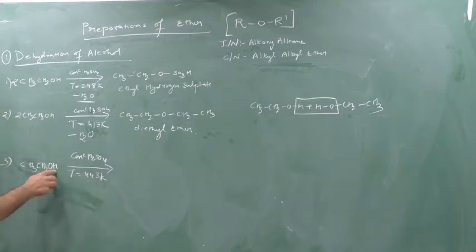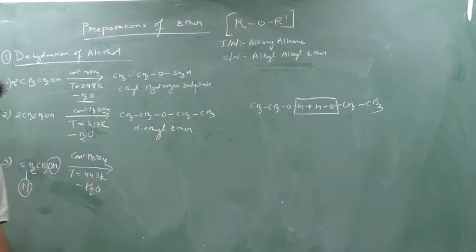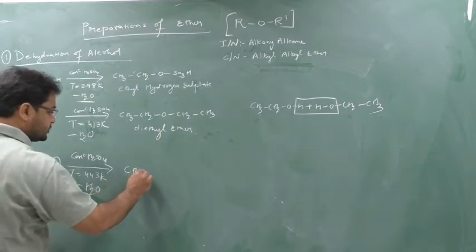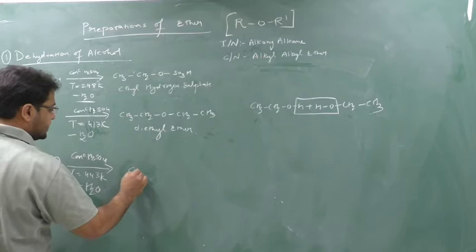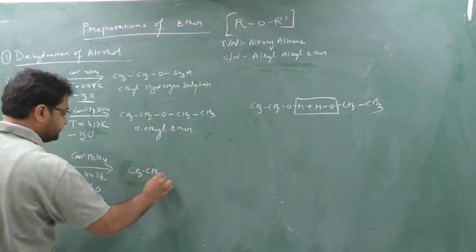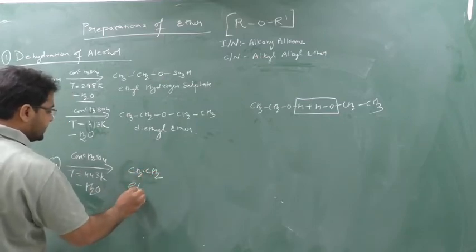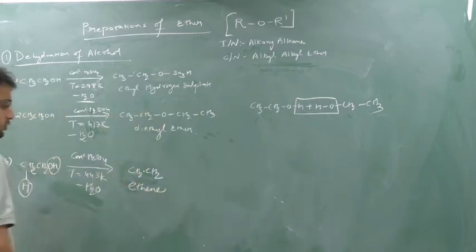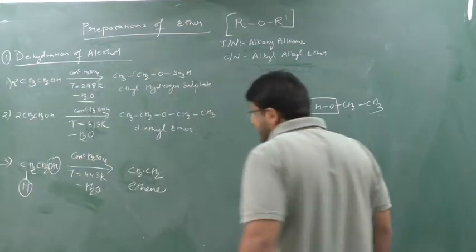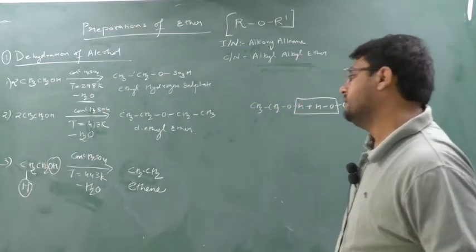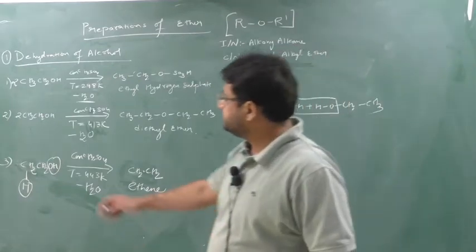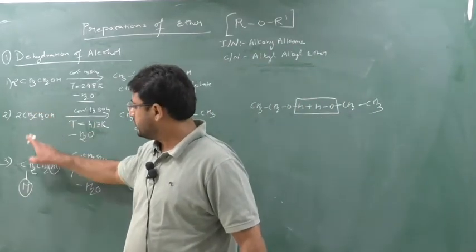From here one OH and from here H. So this H and this OH will be removed as H2O, and here the generation will be CH2=CH2. Yes or no? So CH2=CH2 means what? Alkene, that is nothing but ethene. Yes or no? So you can see here, I have taken the same reactant, ethanol.